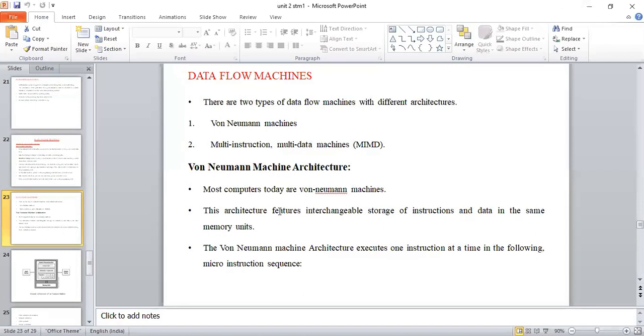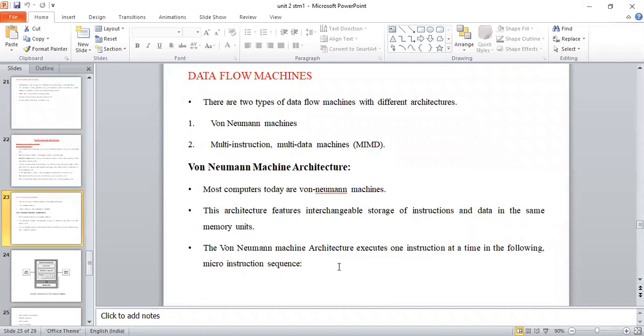The von Neumann machine executes one instruction at a time. After the completion of one instruction only, it goes to the second instruction. That is single instruction execution, one instruction at a time. Multiple instructions cannot be executed in this architecture, whereas in MIMD, multiple, parallel instructions are executed at a time.